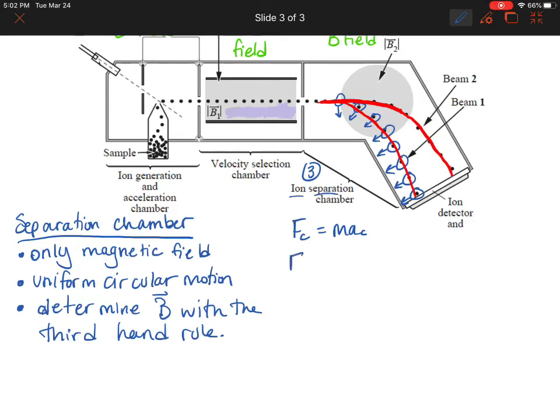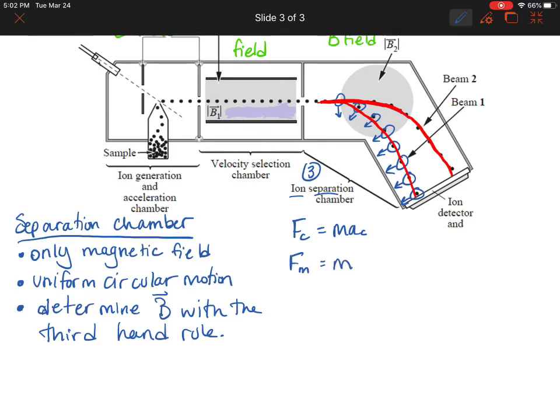It's just the magnetic force. We're talking about things that are so little we don't really have to worry about gravity here, okay? They still have a mass, we just don't need to account for gravity. So the only force contributing to the centripetal force is the magnetic force. And of course, we know that's equal to mass times centripetal acceleration.